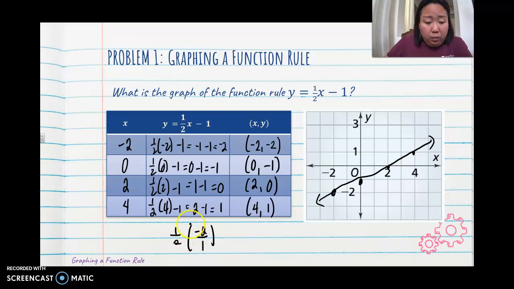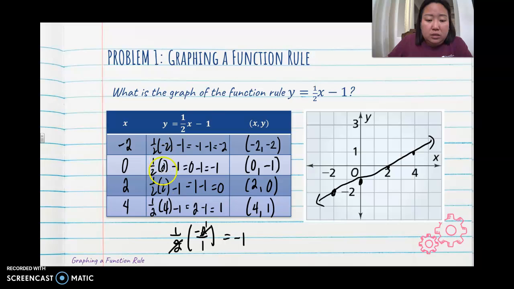Now, if you have a multiplication of fractions, you can cancel any common factor between your numerator and denominator, so the 2 can get canceled. This will become 1, so you end up with 1 times -1. That is why you have a -1 here. So you have the -1 minus the 1, and adding them together, that will give us a -2.